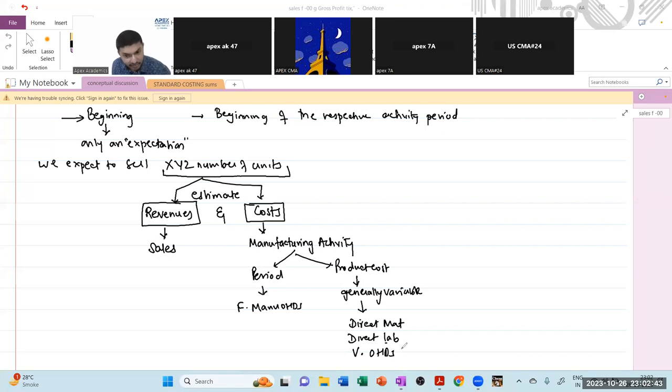Needless to say, when I'm talking about variable overheads, they are of the manufacturing nature and activity. So, at the beginning of the period, there is nothing. The management says, let there be sales. And lo and behold, we look at how much sales the company estimates or expects to make.